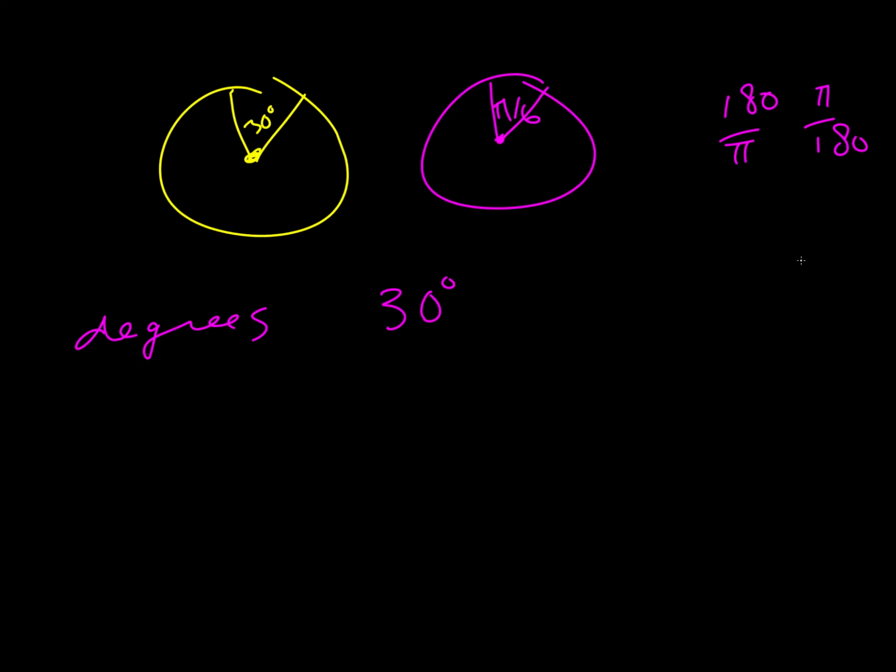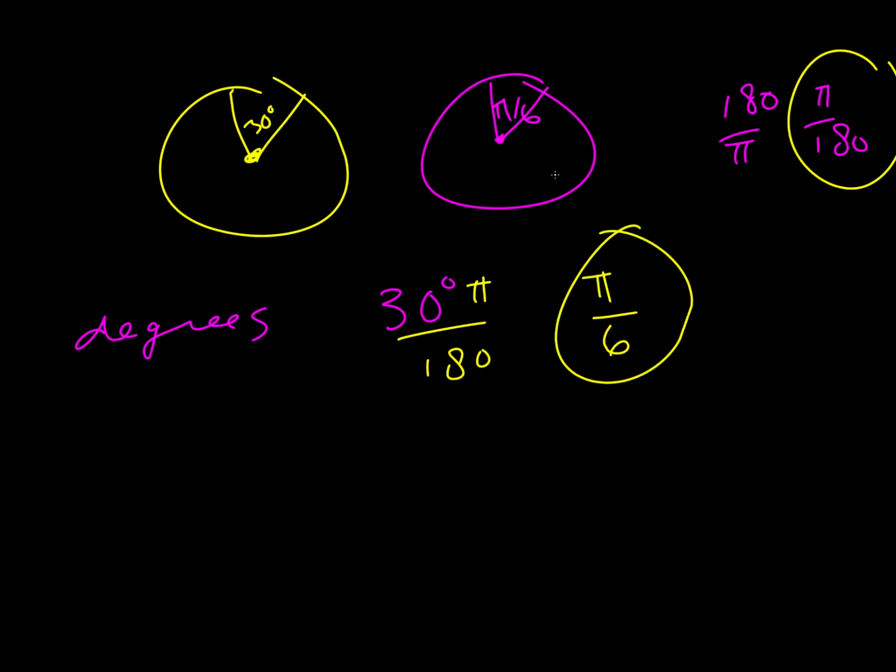If we start with degrees and we want to go into radians, we want pi in our answer, so pi is on top. So we do pi over 180. We reduce this fraction. That's going to be a 6 on the bottom and a pi on top. And so we see that we got pi over 6, like I was saying.